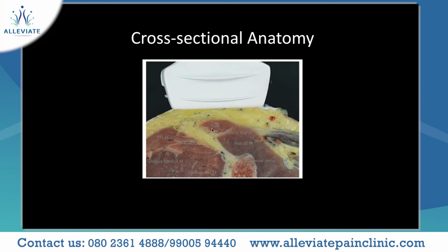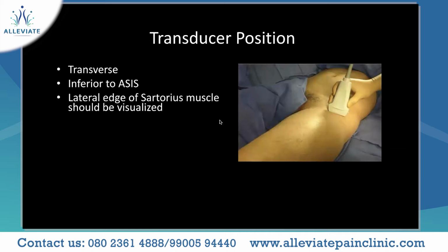Here you can see the nerve between the lateral edge of the sartorius and the tensor fascia lata. This is the transducer position for the LFCN block: transverse, inferior to the ASIS, and the lateral edge of the sartorius muscle should be visualized. As I told you, it is present between the sartorius and the tensor fascia lata muscle.